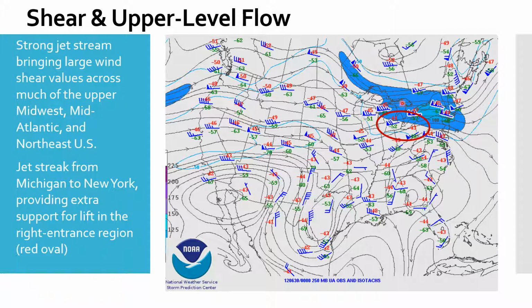Air is flowing from west to east. And this right entrance region is going to be the preferred area of upper level support, where we've got not only strong deep layer shear, but we've also got this dynamic support from the jet streak in our right entrance region for lift.